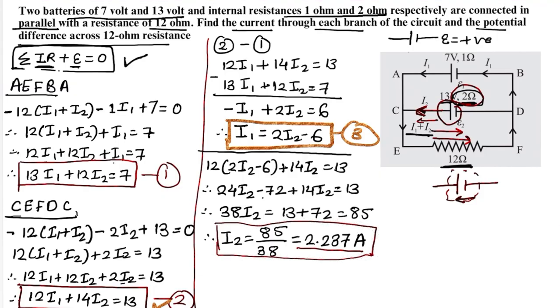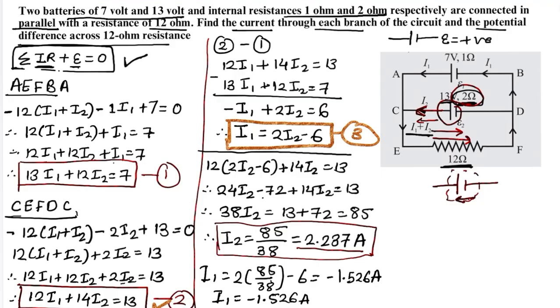From this value we can find the value of I1. So this I1 is equals to 2 in bracket value of I2, we can directly take it as 85 upon 38 minus 6. Its final answer after calculation is coming as minus 1.526 ampere. So the value of I1, the current flowing through the 7 volt battery, is minus 1.526 ampere.